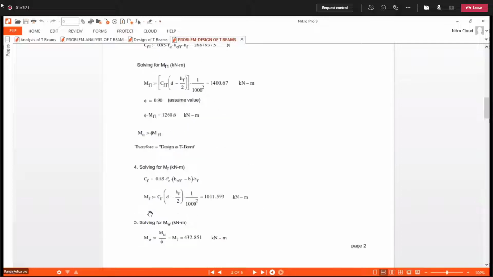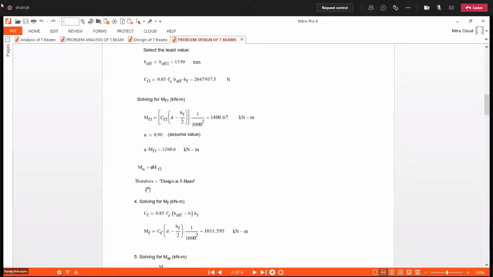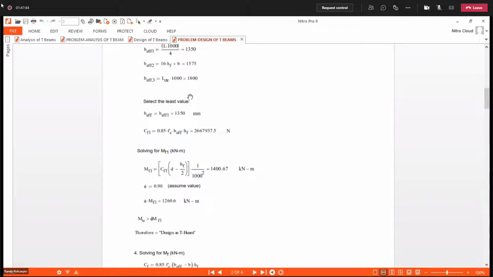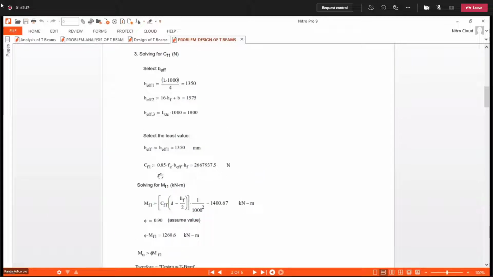Okay. So next step will be, we will solve now CF, considering now a T section. So T na to. Kasi dito, this time, ito yung buong flange. Buong flange. Kasi B effective multiplied by HF.